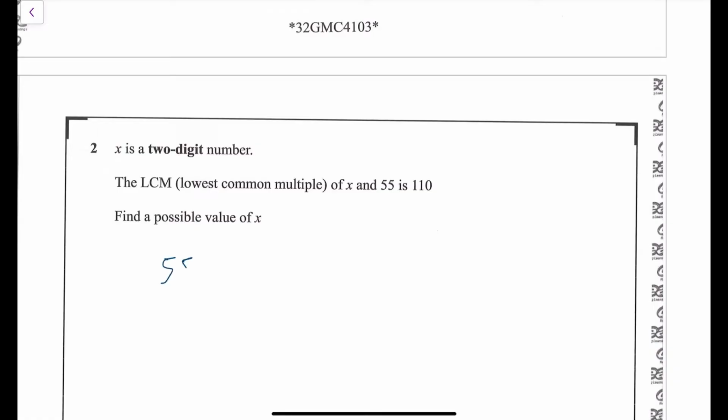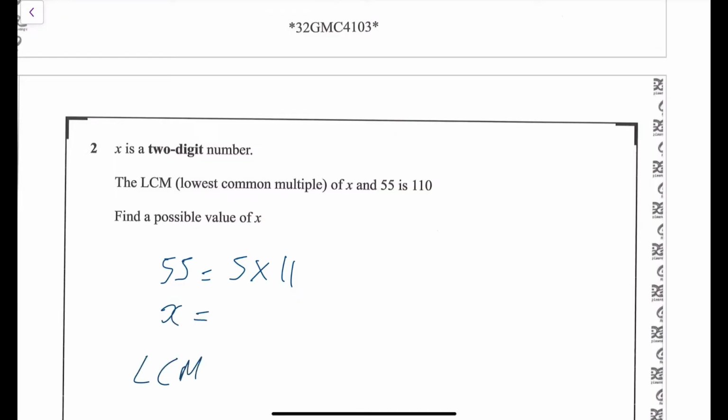So 55, you can use your fact button on your calculator, or the newer ones change the format, use product of primes. Put 55, press equals, and then that 55 is 5 times 11. And then your x, we don't know what x is, that's what we're trying to find.